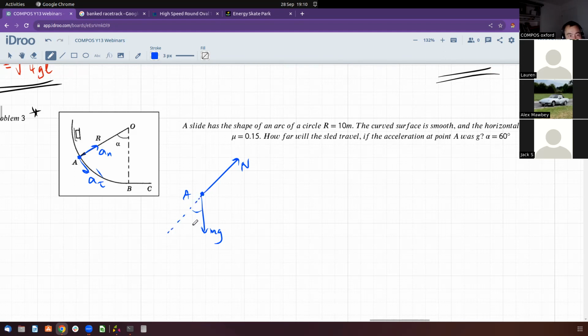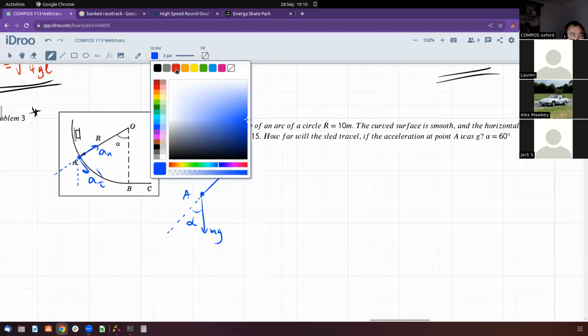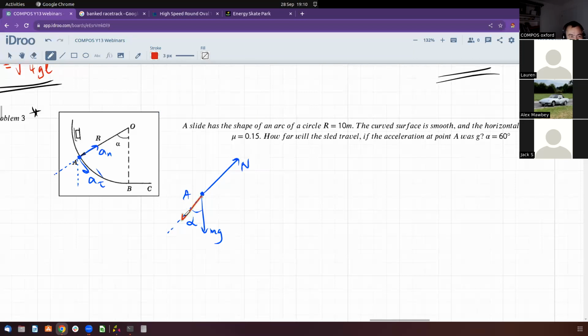So if this is alpha, then this is alpha. So we have two components of mg: mg cos alpha, and mg sine alpha.